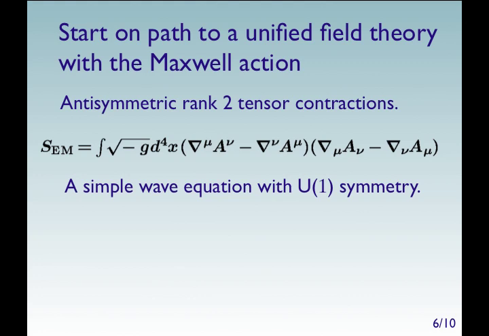But when you crank through this algebraically, what you end up with is a little bit more familiar: B squared minus E squared. So the magnetic field squared minus the electric field squared is the scalar that ends up being the Maxwell action.